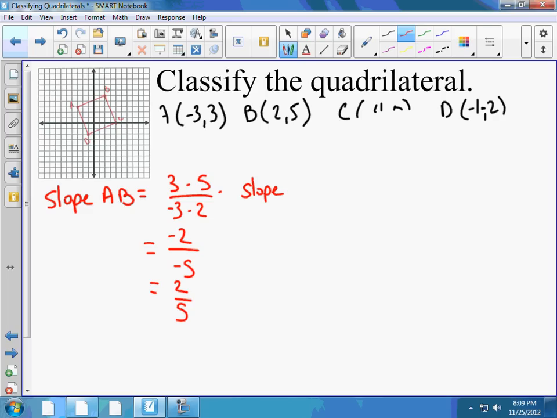Then the opposite side, which is CD, that's going to be 0 subtract -2 over 4 subtract -1. That turns out to be 2/5. I better write these down on my picture so I don't forget about them.